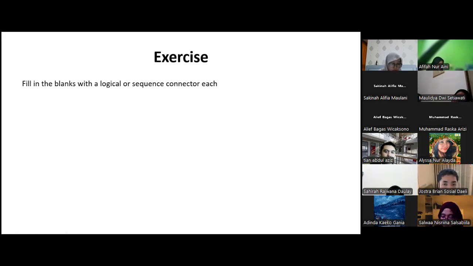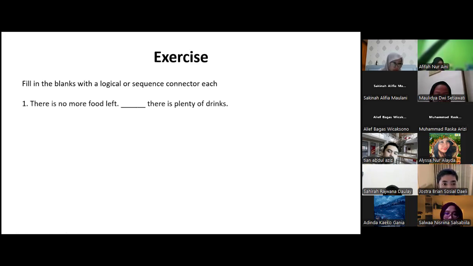The instruction here: fill in the blanks with a logical or sequence connector each. The first question is, there is no more food left, blank, there is plenty of drink. Okay. Raise your hand first. And, okay, Nandita.